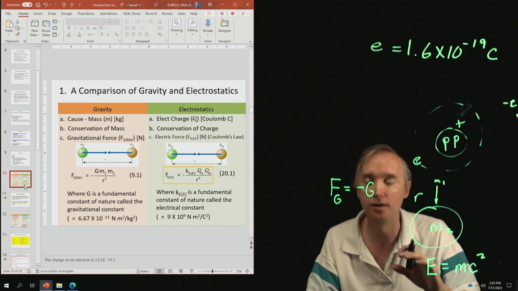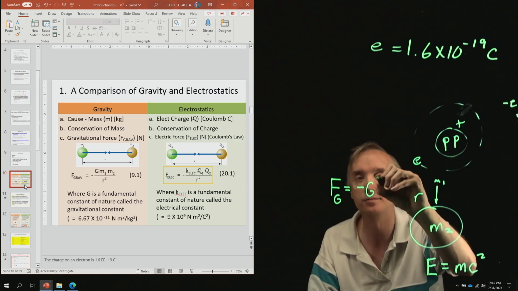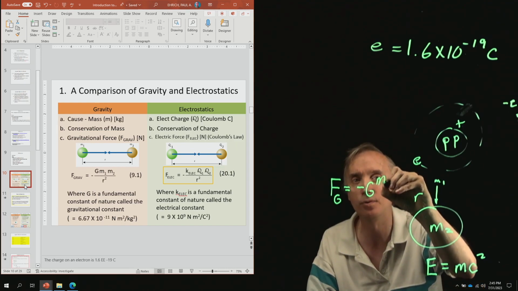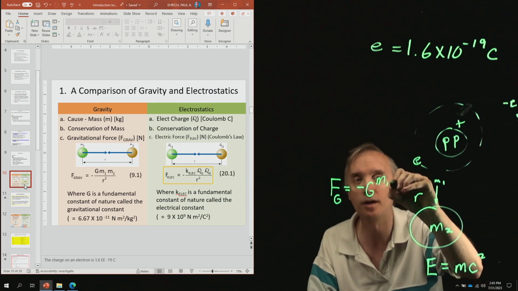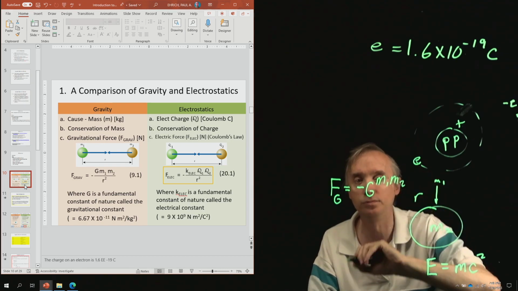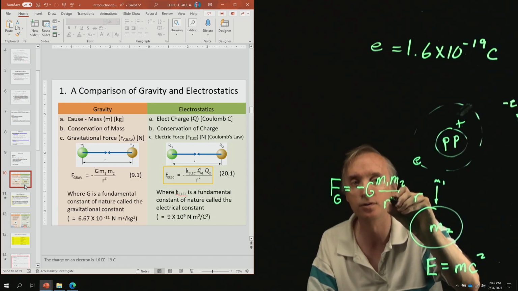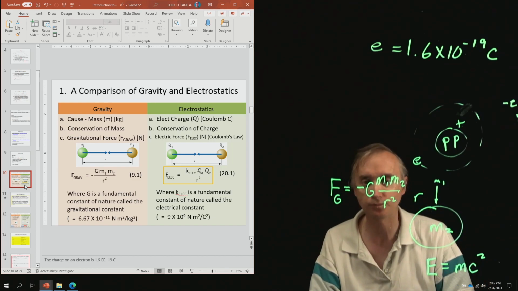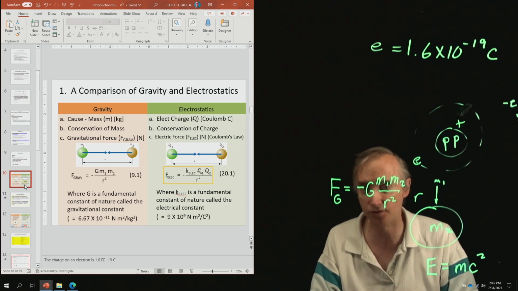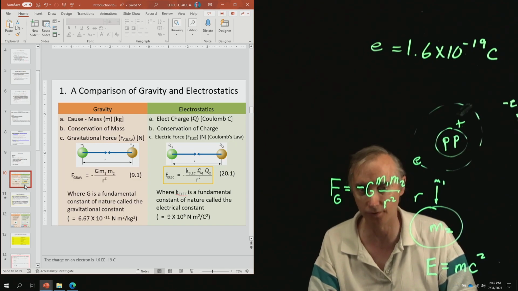It's important, but we just don't care that much about it. And then it's going to be mass number 1 multiplied by mass number 2, and then divided by the distance between them squared.